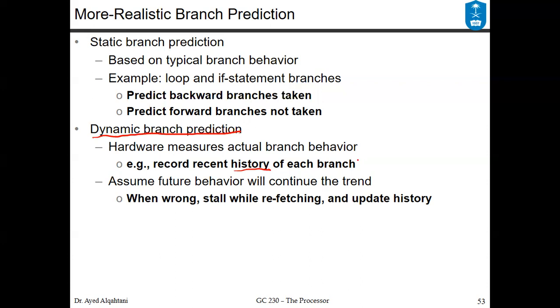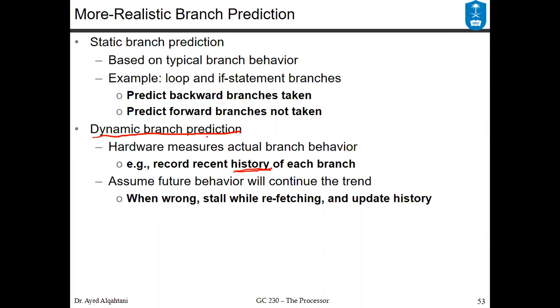And based on this, you predict the next branch. So you record history. So let's assume that in our past history, if we predict not taken, then our prediction would be correct. So it's wise next time to predict the same. So that's the dynamic branch prediction.